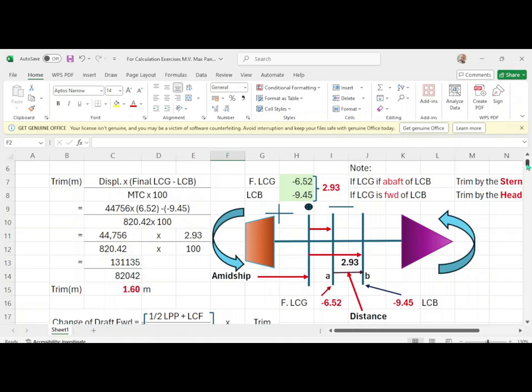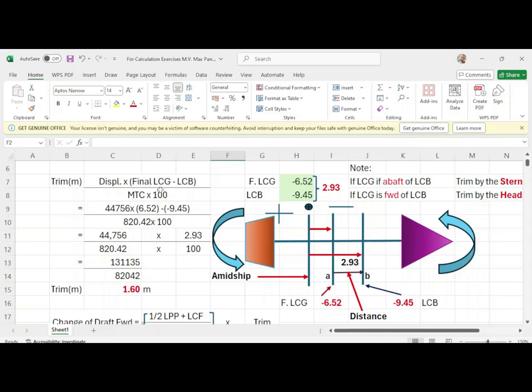Now, we'll just transpose this formula of how to get trim. It is displacement times the distance between LCG and LCB over MTC times 100. First thing you have to do is subtract the LCG from LCB.